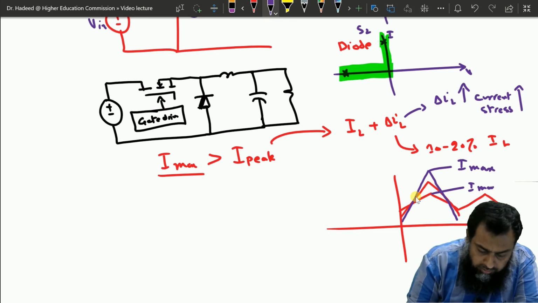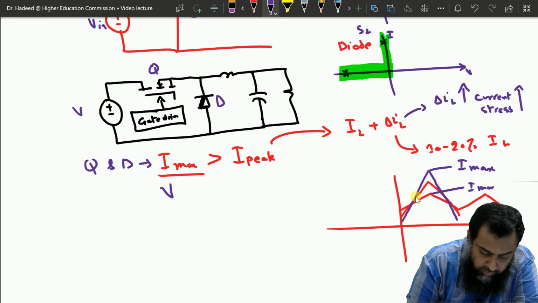The second thing here is about the voltage required as a bare minimum for these two devices, Q and this diode D. When this diode is conducting, this Q is actually blocking all the input voltage.